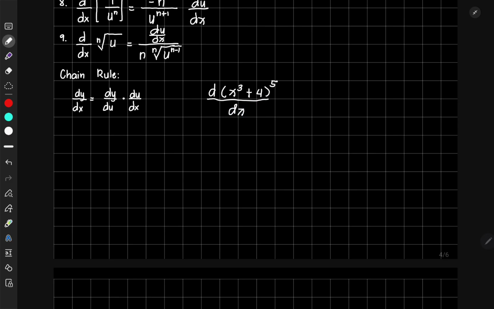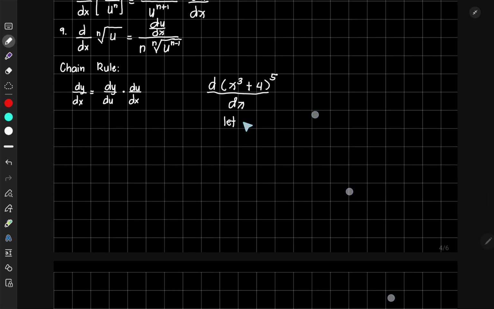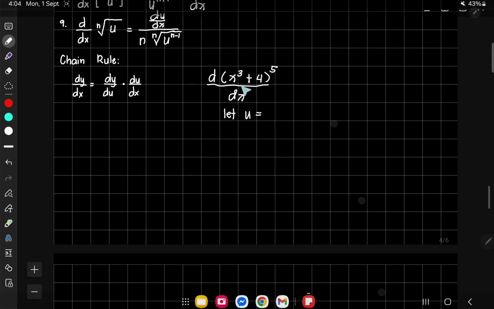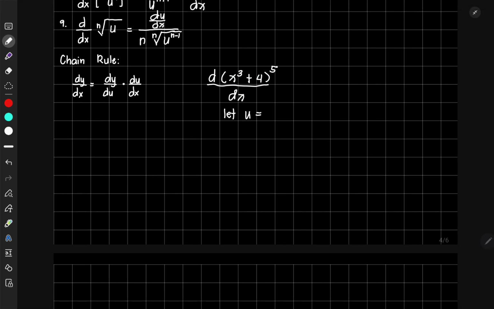So, gagamit tayo ng substitution. So, we have let u, so yung u dito, itong nasa loob ng ating parenthesis, which is x cube plus 4. So, yung y natin will become, so ito yung function natin kanina.